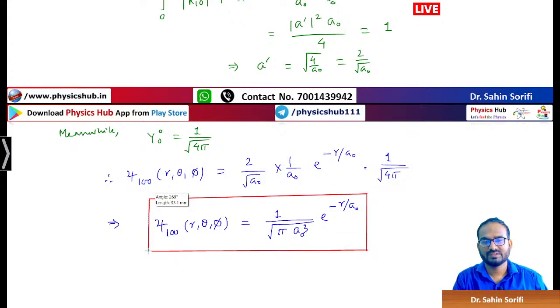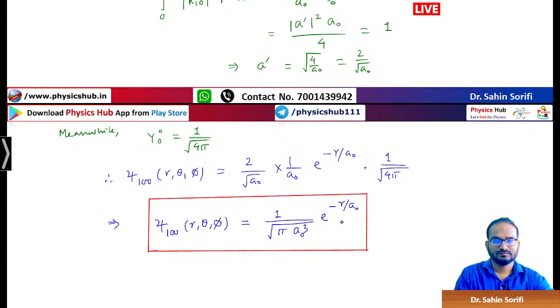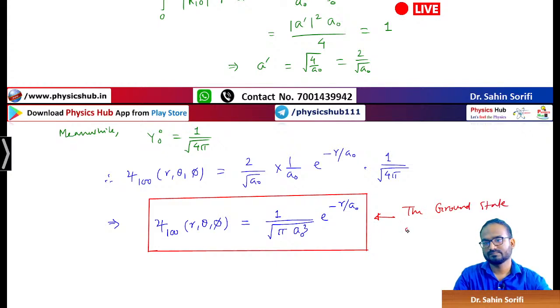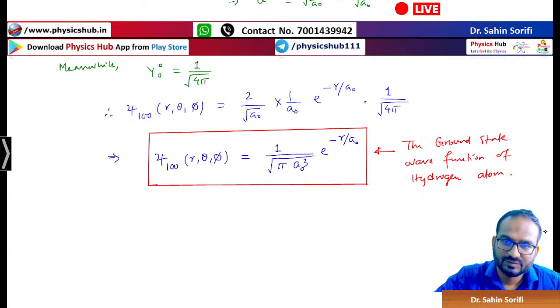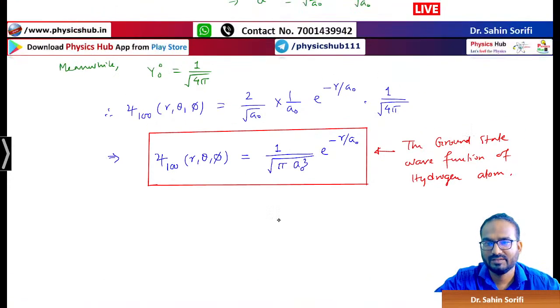The ground state energy, you know, is minus 13.6 electron volt. Okay, so this you should remember: 1 by square root of pi a naught cube e to the power minus r by a naught.